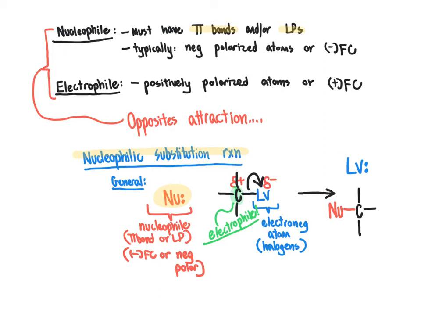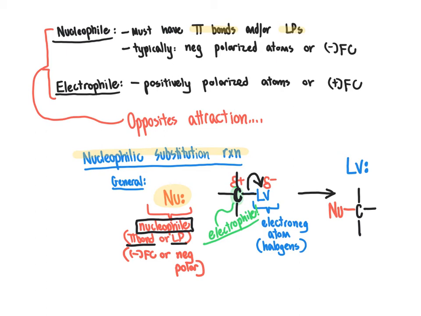And this is absolutely reliant upon having a starting material that is nucleophilic. That is something that has a negative formal charge or strong negative polarization. It has to have absolutely a pi bond or a lone pair available, and then it is going to come in and do what we would call attack, meaning it's going to use its lone pair of electrons to form a bond to the electrophilic carbon atom here. That has to be a positively polarized carbon atom.